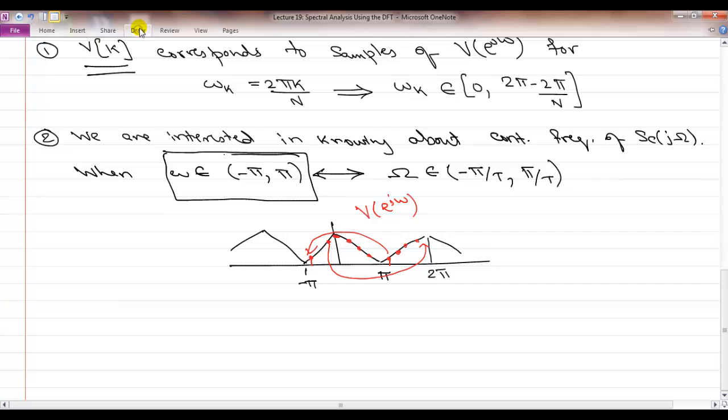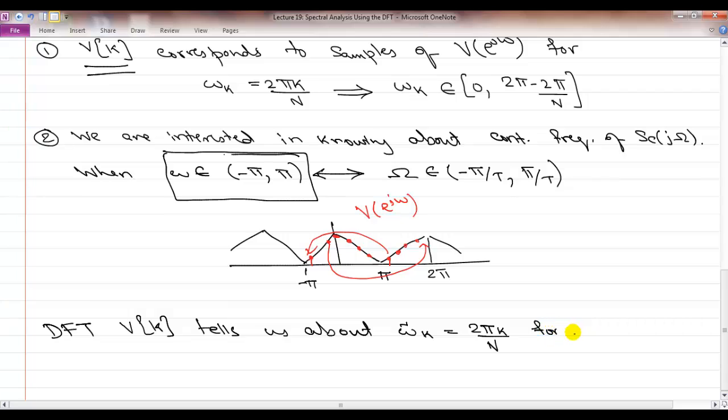So this means that actually the DFT V of k tells us about, of course, frequencies little omega tilde k, I'm making it tilde to differentiate it from the usual little omega, k equal to 2 pi k over N T. So it tells us about 2 pi k over N for k between 0 and N by 2, because N by 2 index means that you are either up to pi or below pi.